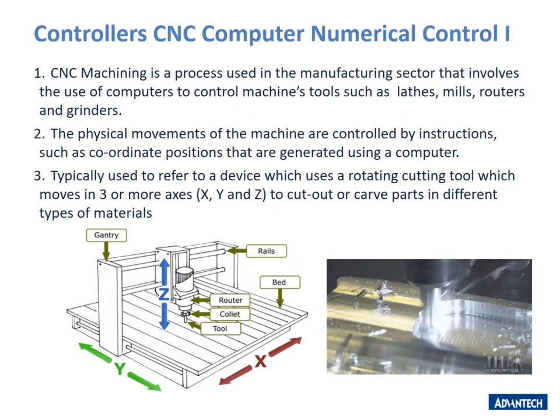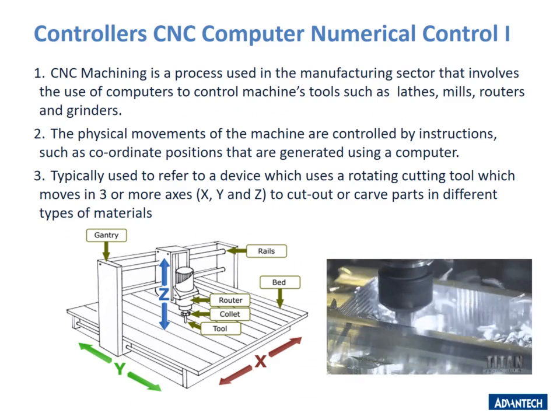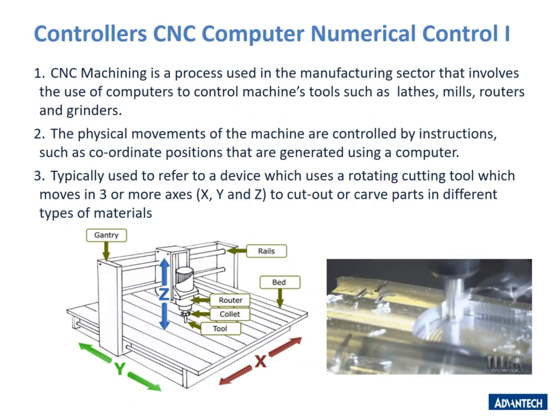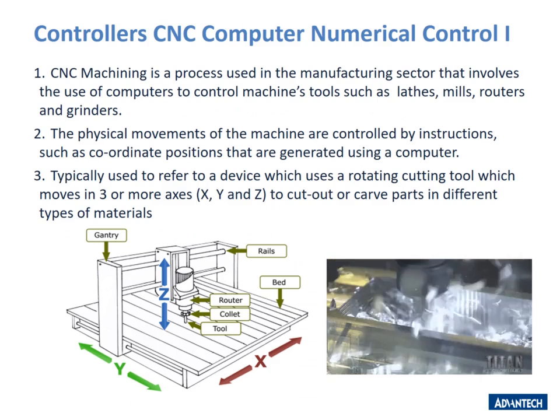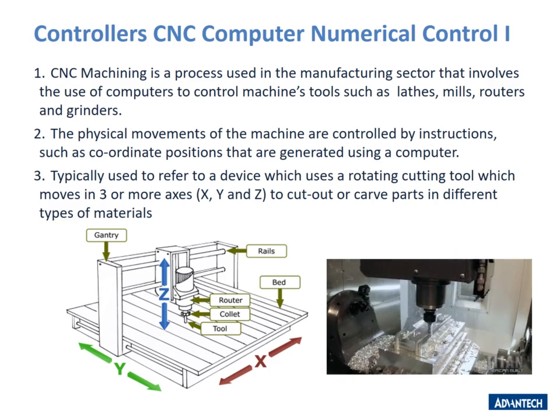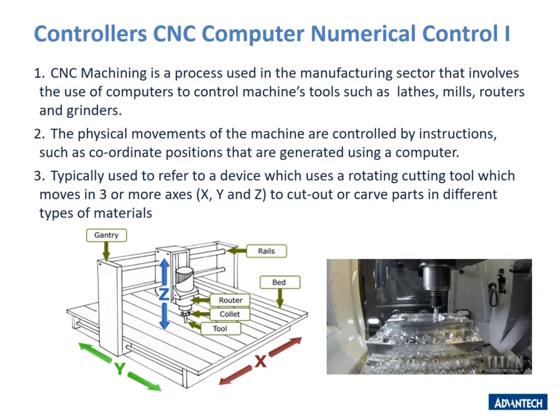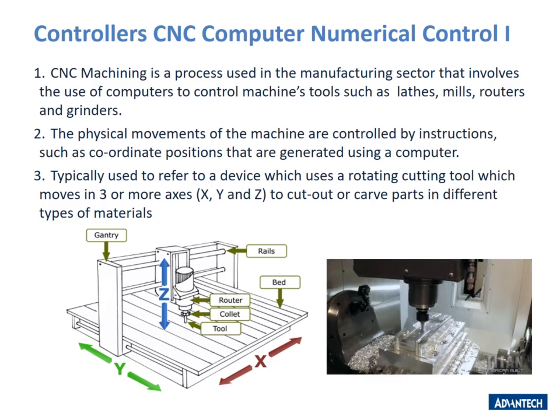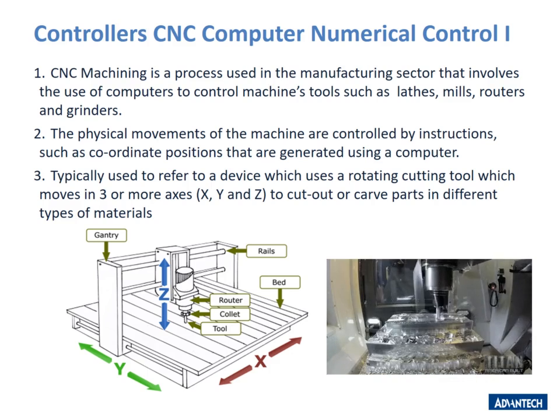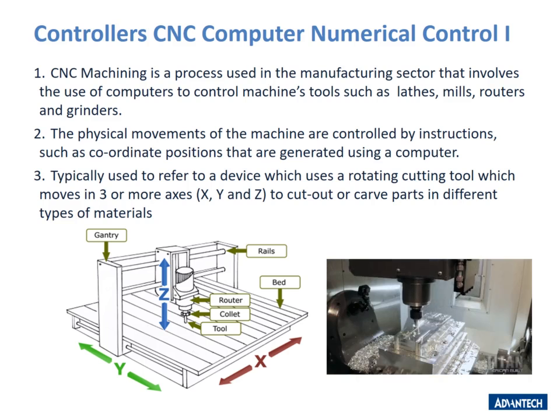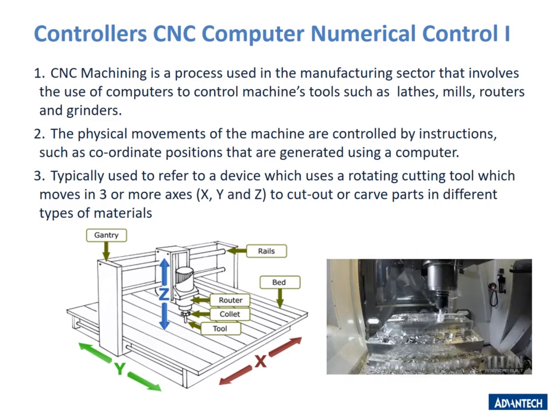Finally, we will talk about CNC controllers because nowadays they are widely spread in the industry. CNC machining is a process used in the manufacturing sector that involves the use of computers to control machine tools such as lathes, mills, routers, and grinders.